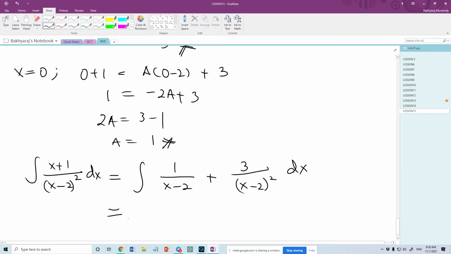Equal, okay, log x minus 2. Okay, 1 per negatif 1. Okay, 3 dalam kurungan, 3 dalam kurungan.